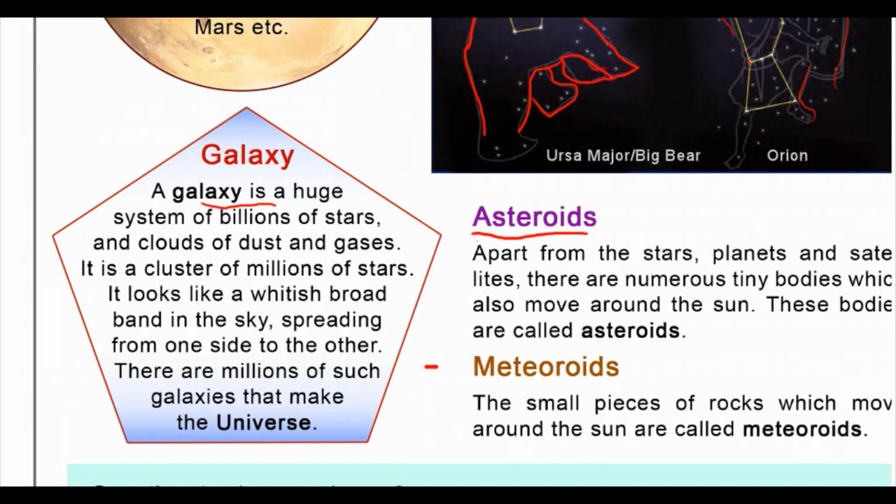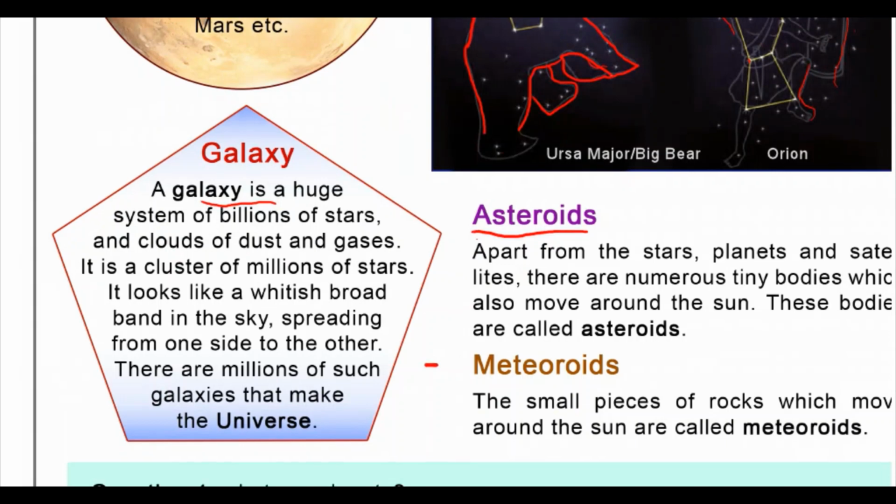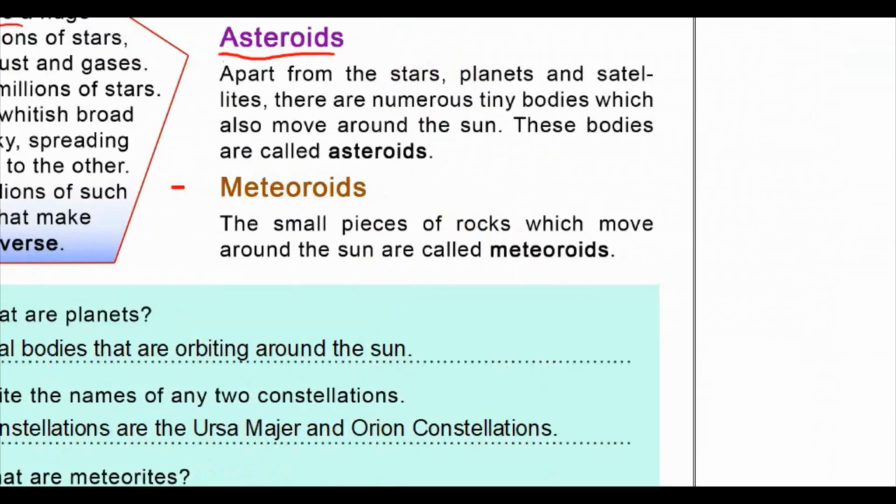Now let's come down and read what is given to us in this meteorites column. Have a look at what is given to us over here. You can read what are meteorites over here. The small pieces of rocks which move around the sun are called meteoroids.